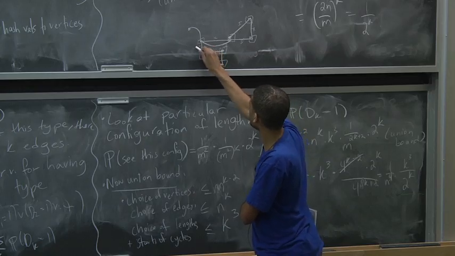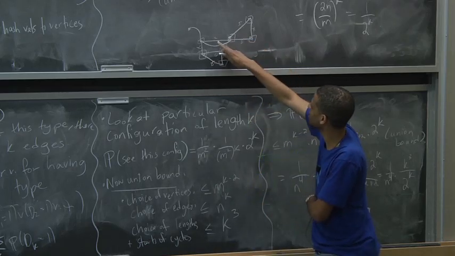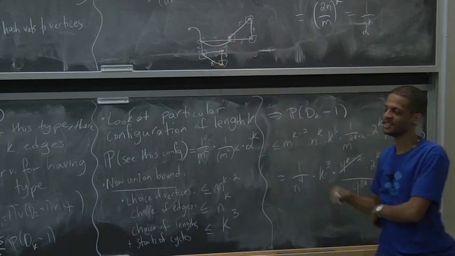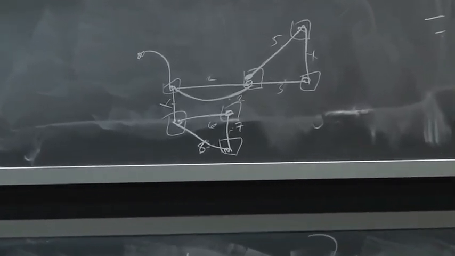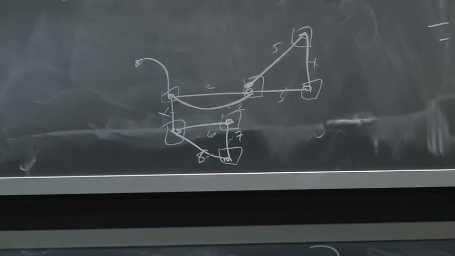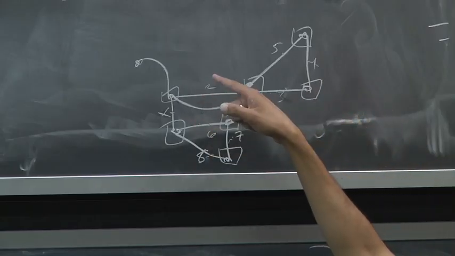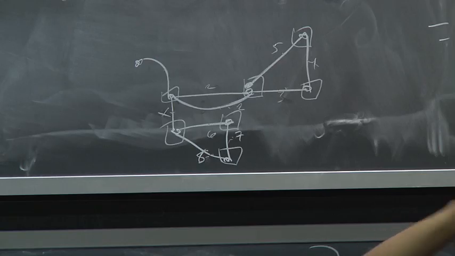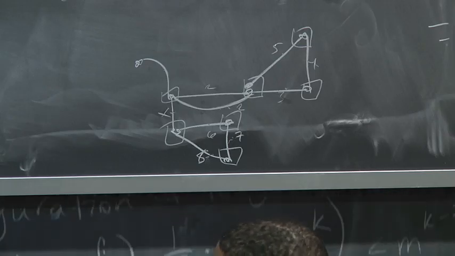Then this would be x itself, and then 6, 7, 8. So the number of items here is from 2 through 8, which is actually 7 items, not k items. So k minus 2 items. But let me not promise that, because I don't want to go through this and be off by 1 yet again. I said the length of a tour is the number of edges in the tour, like the number of times you go around. But that's not the same as the number of items. I don't know if maybe that's what you were trying to tell me. But anyway, so off by 1 yet again.